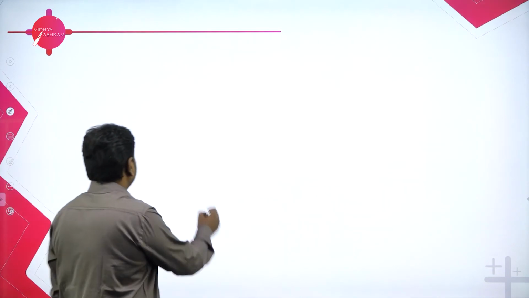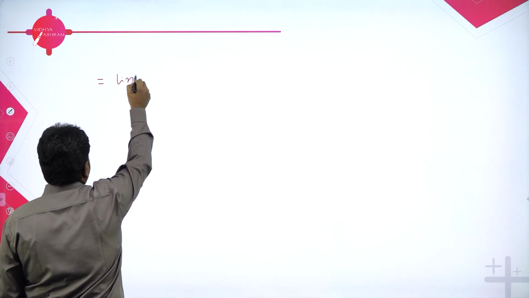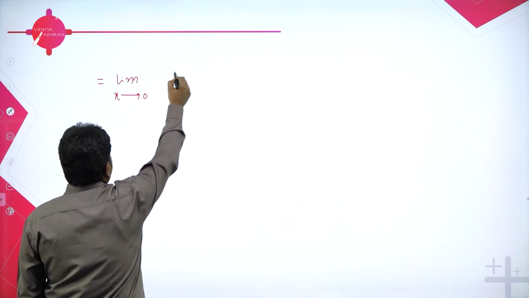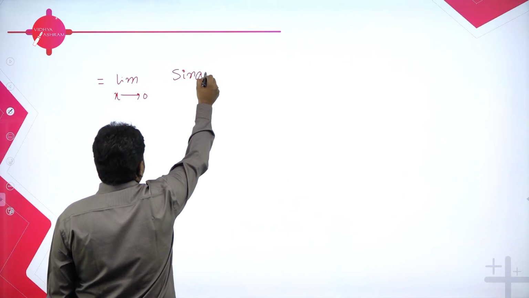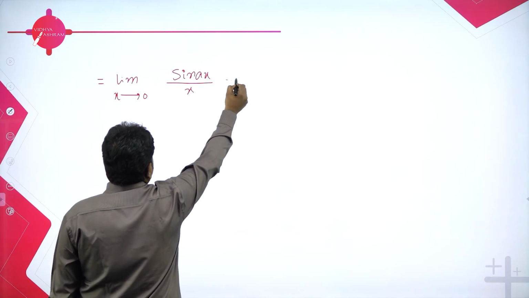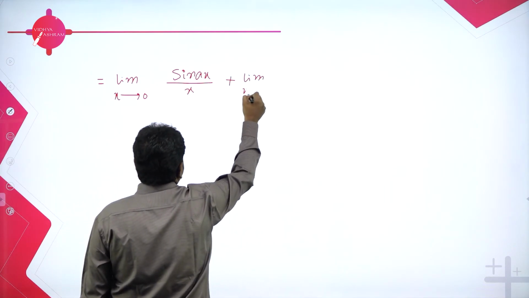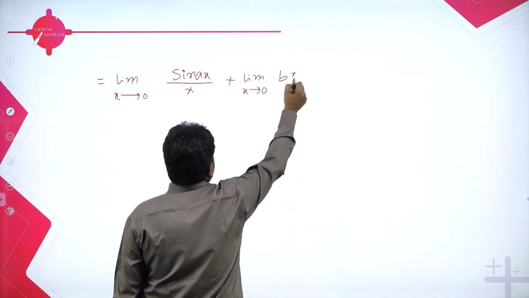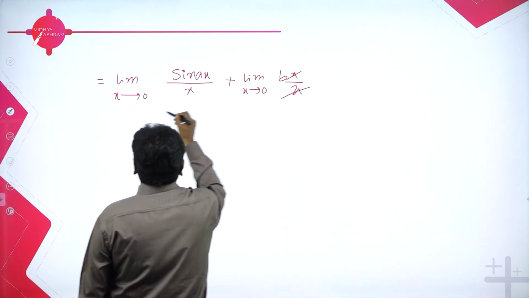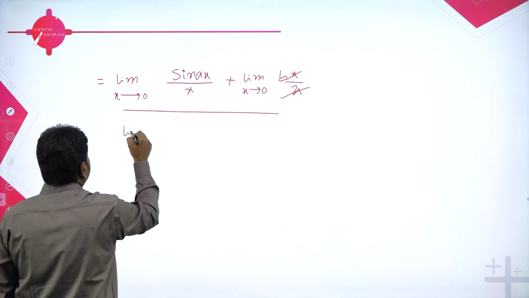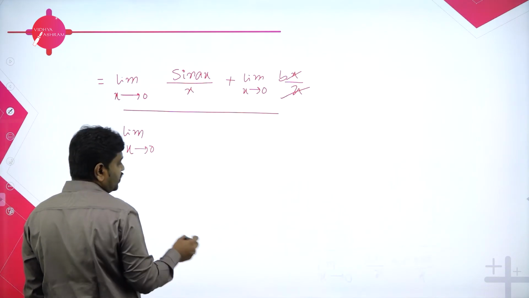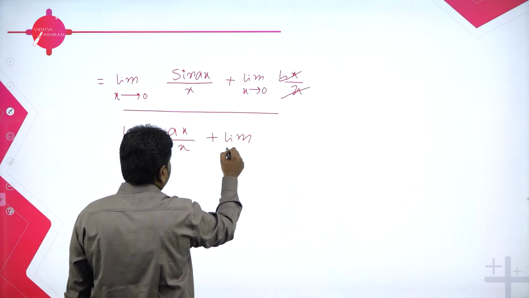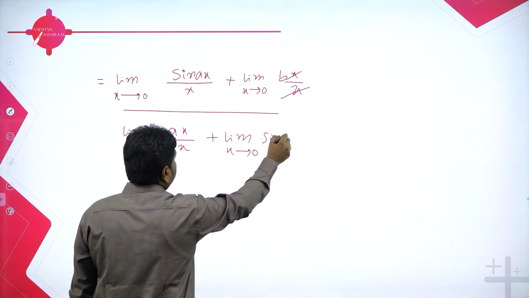Now further simplify. It becomes limit x tends to 0, sin ax by x, plus, applying the limit for each term, limit x tends to 0, bx by x. You know bx by x, the x cancels. In the denominator, applying the limit for each term, that is ax by x plus limit x tends to 0, sin bx by x.